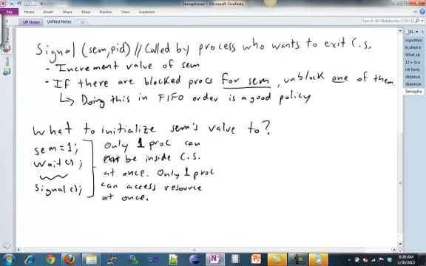Okay, and what might be a good example of this? Let's suppose you have an ATM. Okay, and buttons, and it has the slots, and it's an ATM. An ATM is something that only one person can use at a time. You can't have two people both trying to get money out of an ATM, right? And so that's the kind of resource that only one person can access at once.